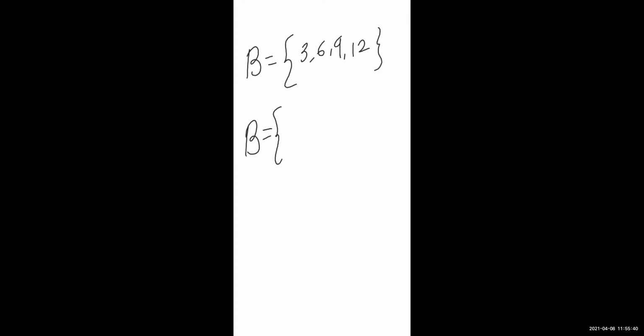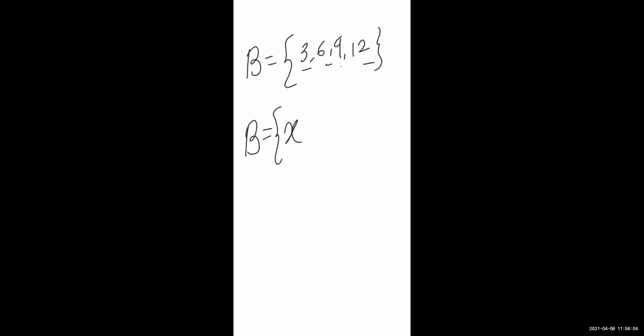Every number is a what? 3, 6, 9, 12. What are they? Multiples of 3. First of all, every element we call x.